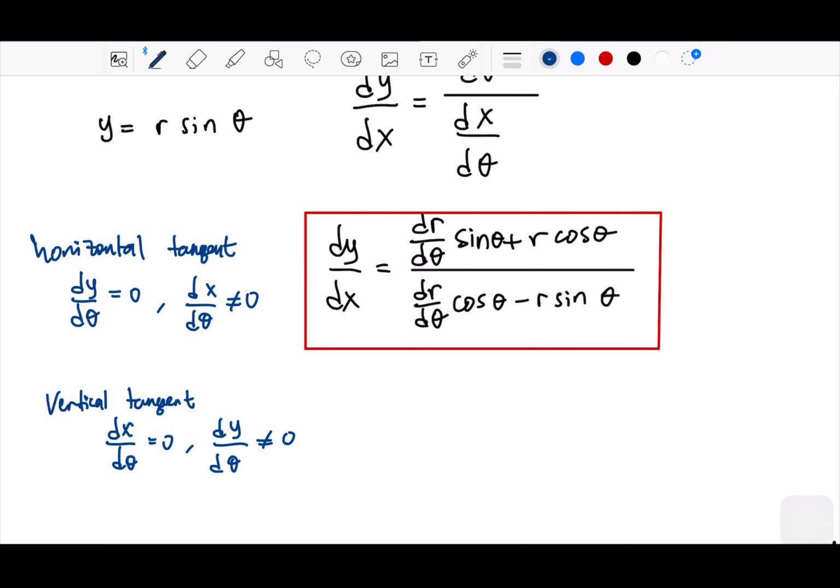And if we are really careful looking at the tangent line, dy over dx is actually our tangent theta, if dr d theta is not equal to 0.